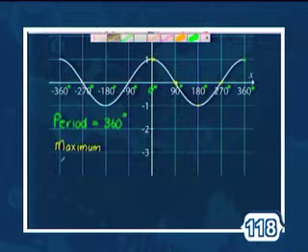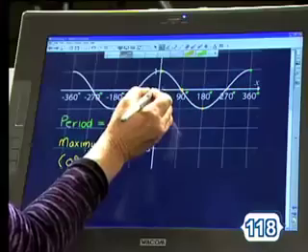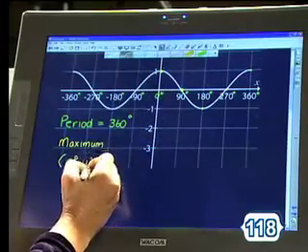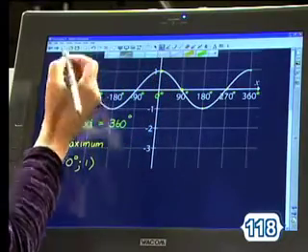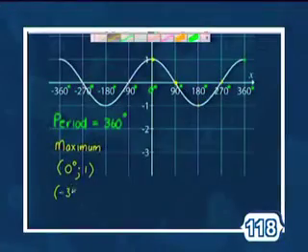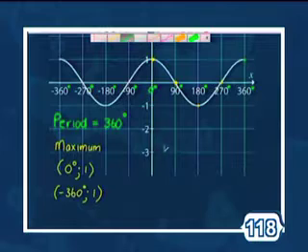Our maximums, if you have a look here, are going to be at 0 with 1, and then 360 degrees, and previous to that at minus 360 and 1. Then we're going to have our minimums, or our trough, happening.